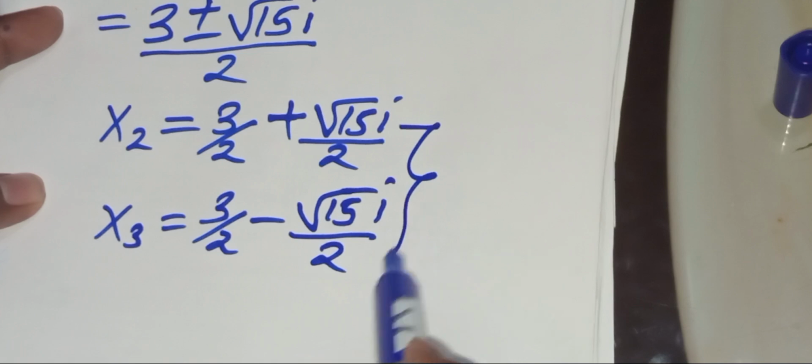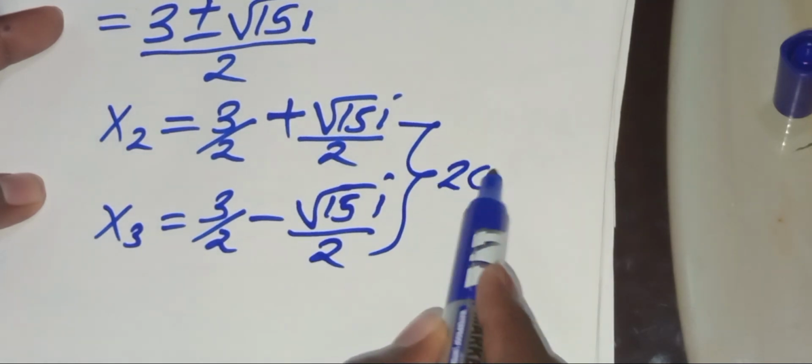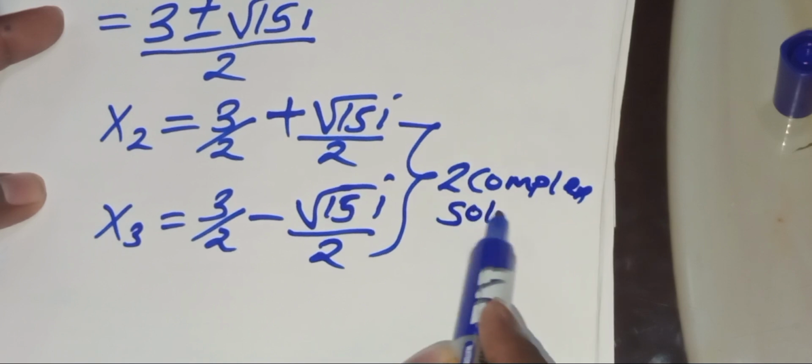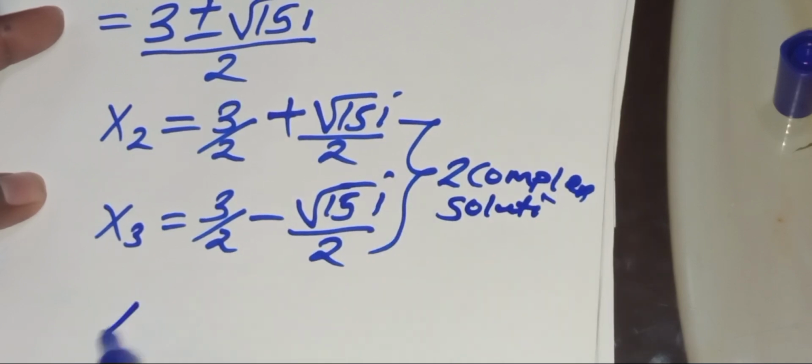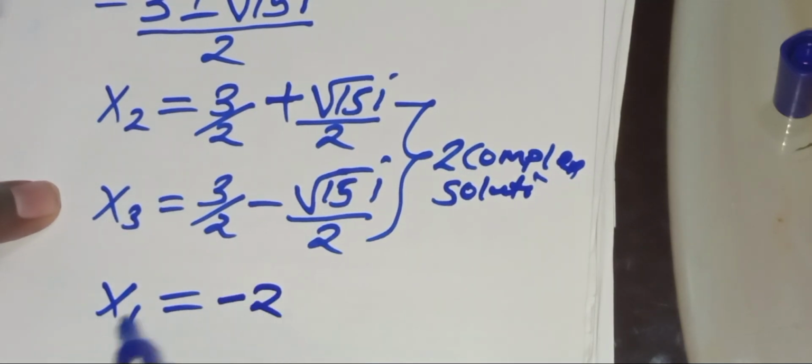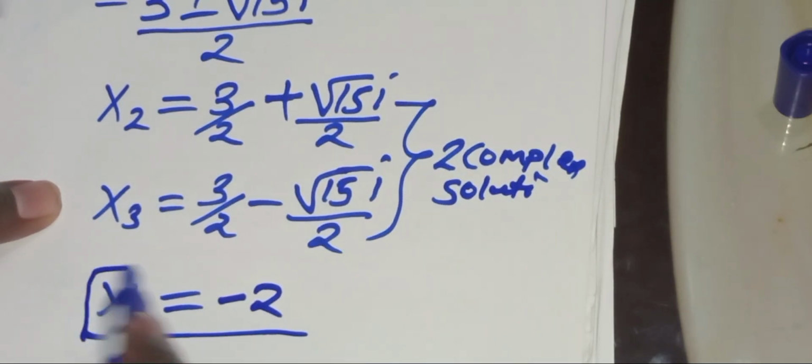Now these are two complex solutions, with only one real solution, which is x1, equal to negative 2. This is the only real solution.